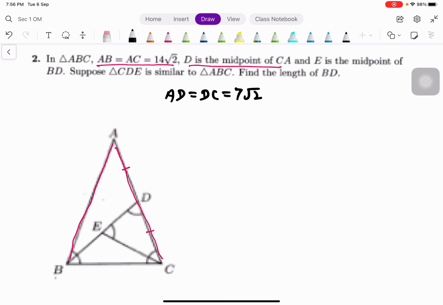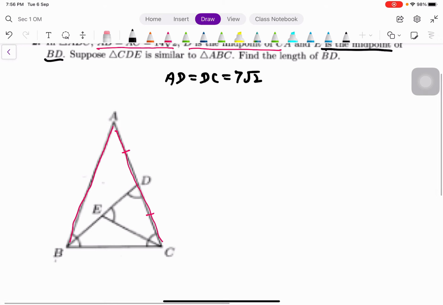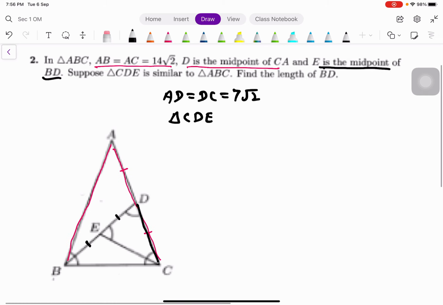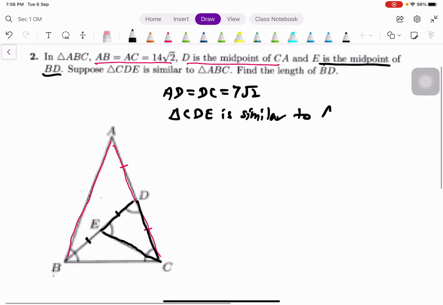E is the midpoint of BD, therefore this is equal to this. It is given to us that triangle CDE, this triangle, is similar to the bigger triangle ABC.